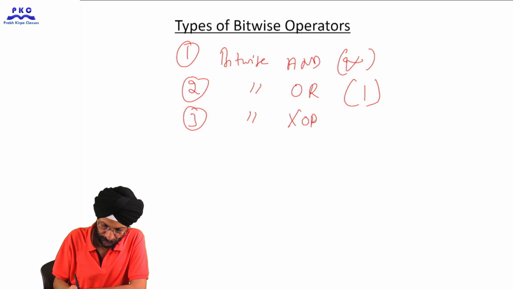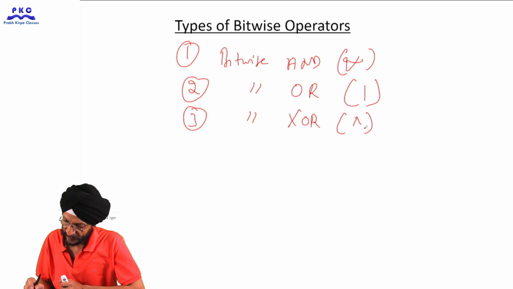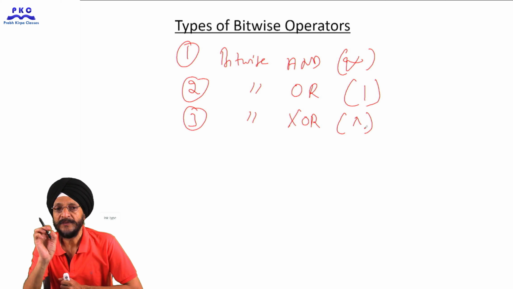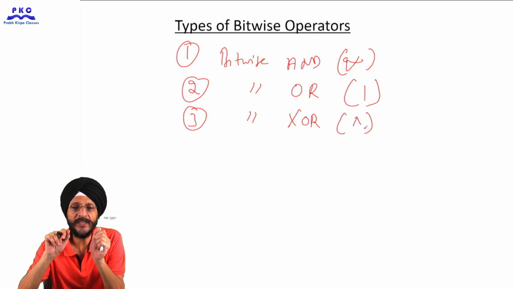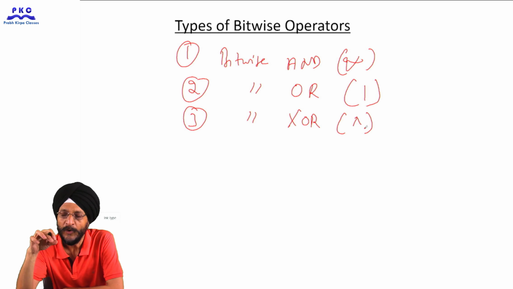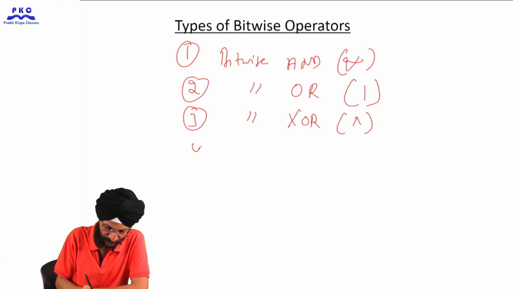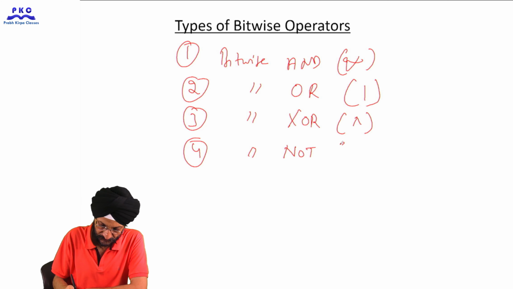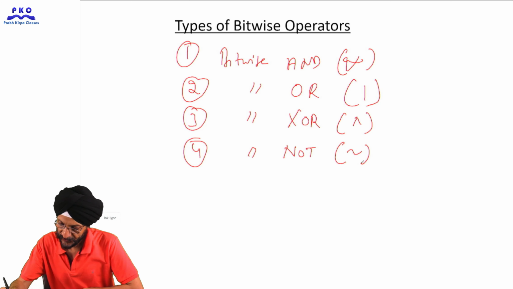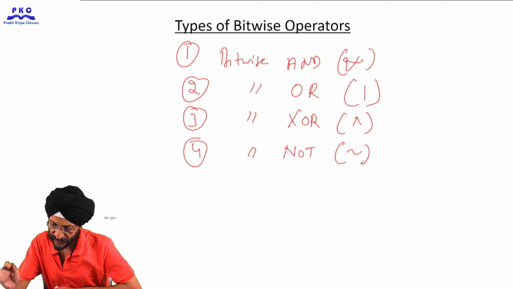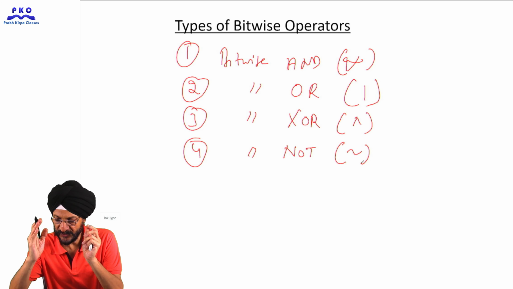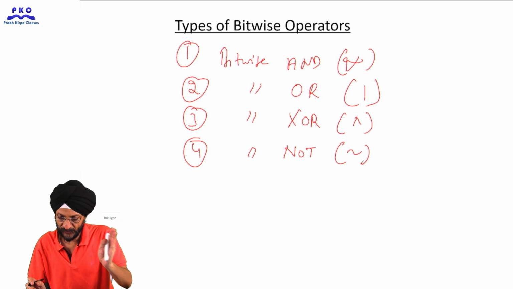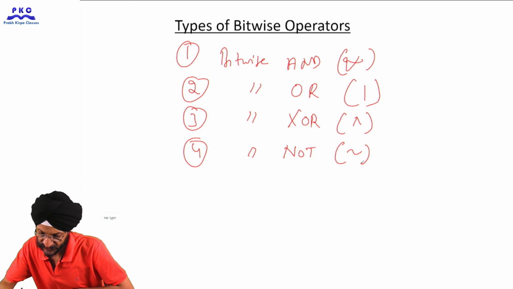Bitwise XOR. It is this symbol which is on the keyboard above the 6. Next is bitwise NOT. This is the symbol on the keyboard at the left hand side before 1, on the row 1, 2, 3, 4.